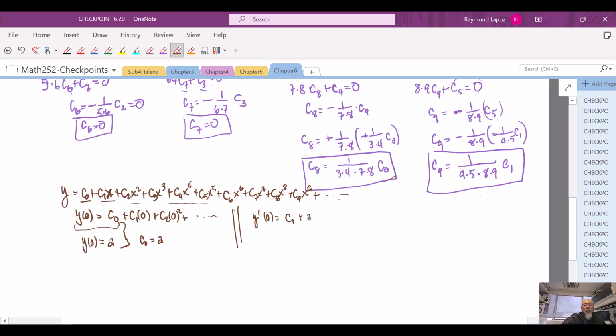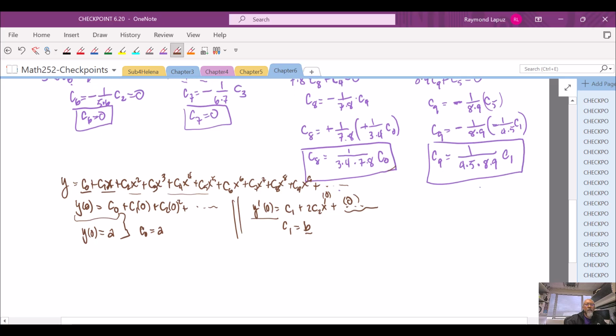And then we have 2 c sub 2x plus, and all kinds of other terms with an x in it. And so if we put 0 for x and 0 for everything else in here, I will make that disappear. So c sub 1 is going to equal our y prime of 0, which is equal to b.